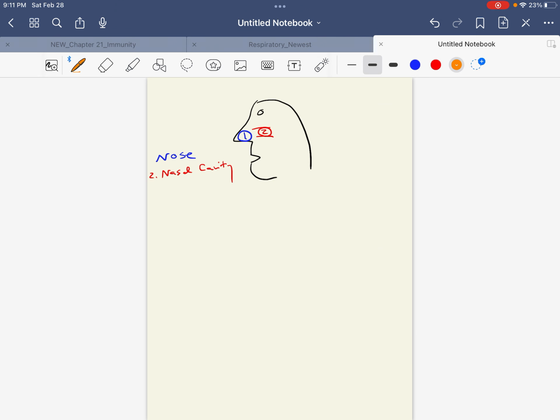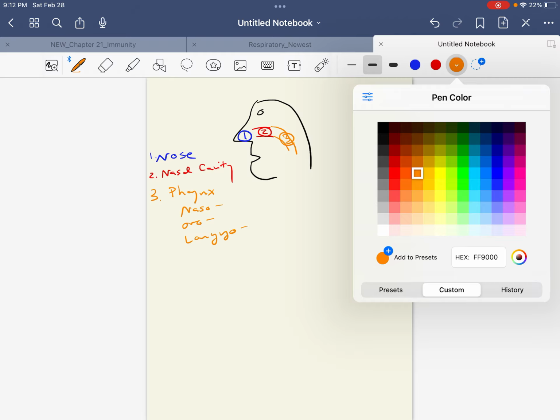Let's change color. Then we got to the pharynx. And the pharynx has three regions: nasopharynx, oropharynx, and laryngopharynx. The function of all of these is to warm, filter, and humidify incoming air.